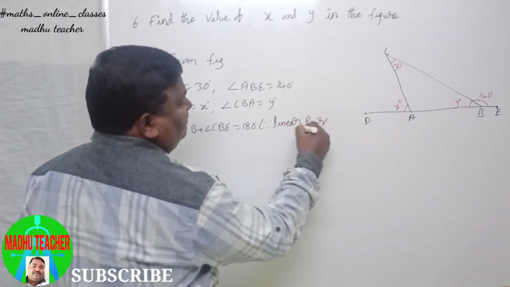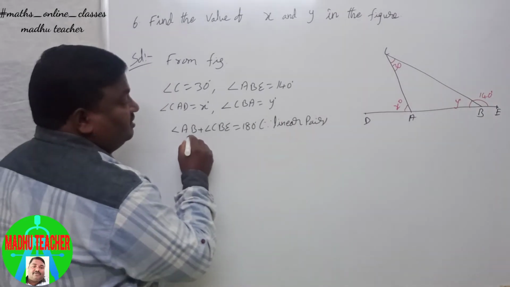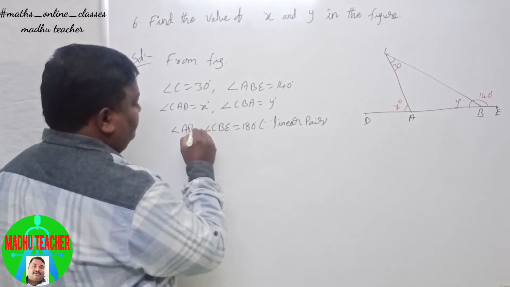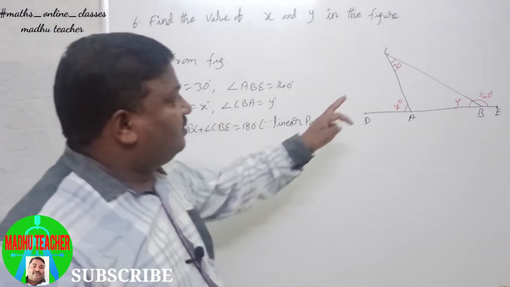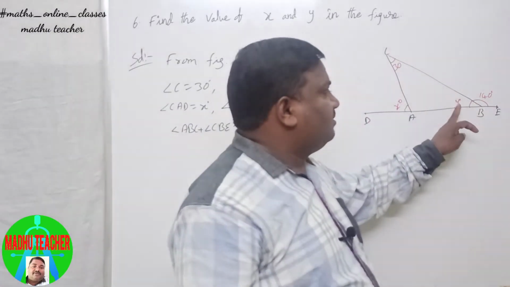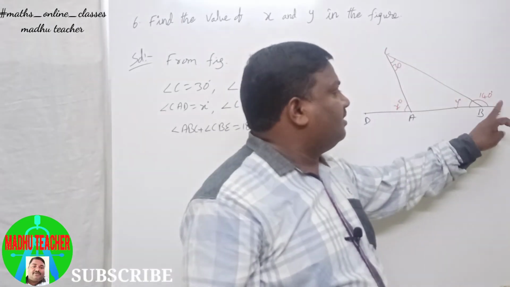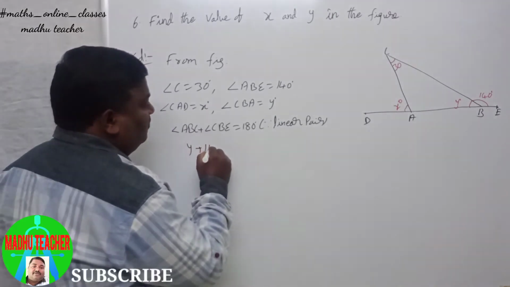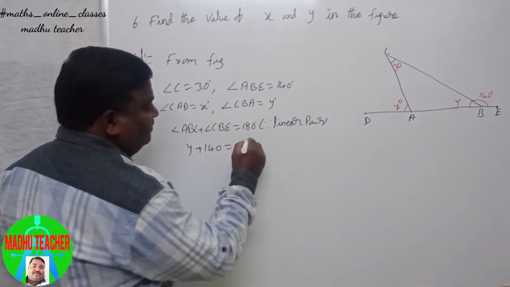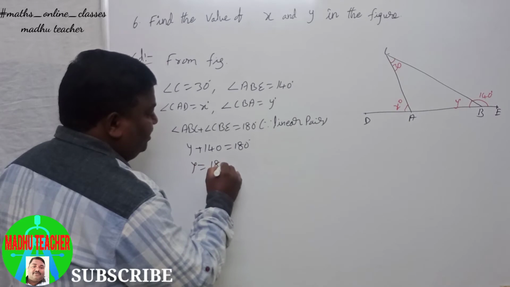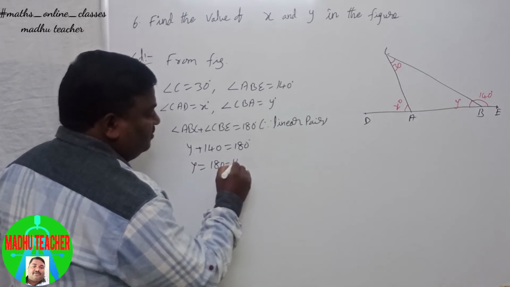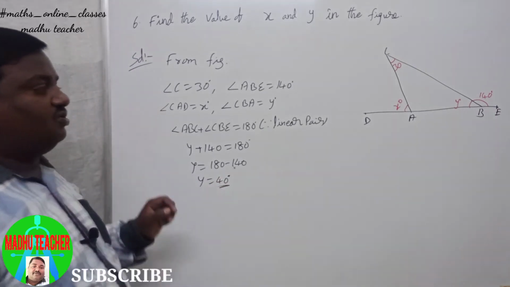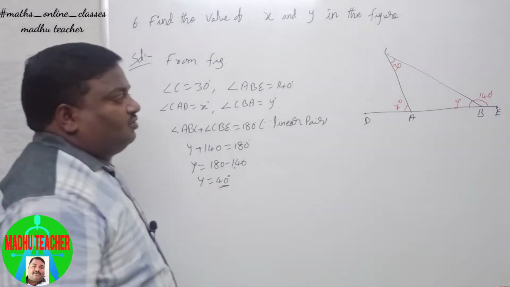ABC and CBE are a linear pair. So y plus 140 equals 180 degrees, so y equals 180 minus 140, that is 40 degrees. y equals 40.